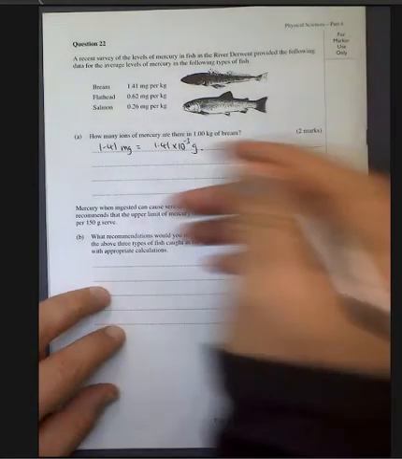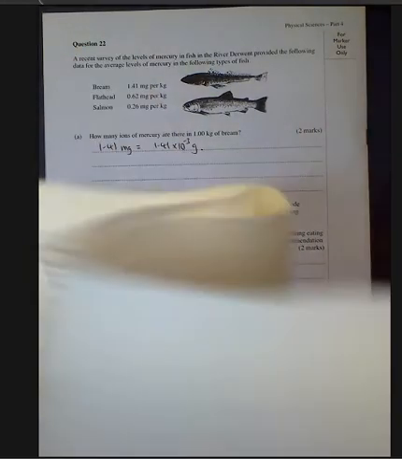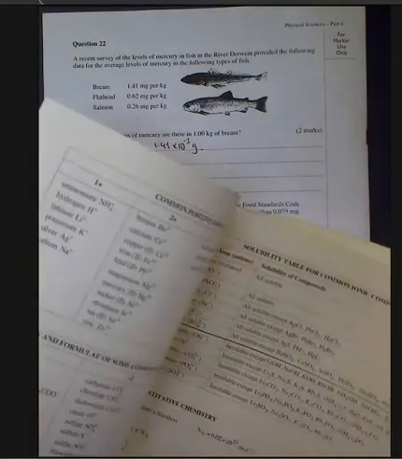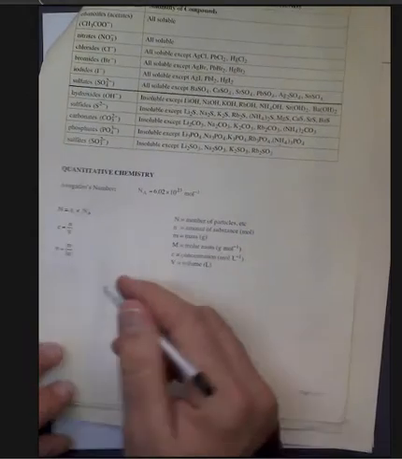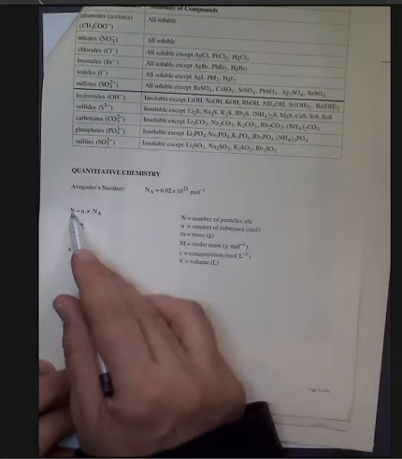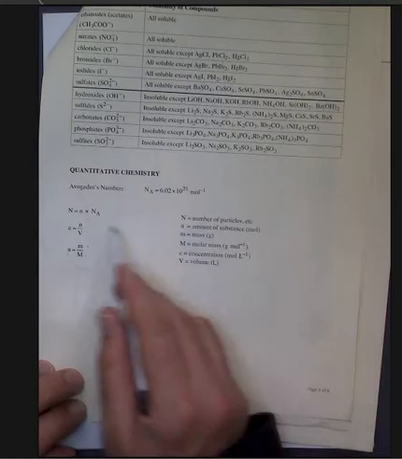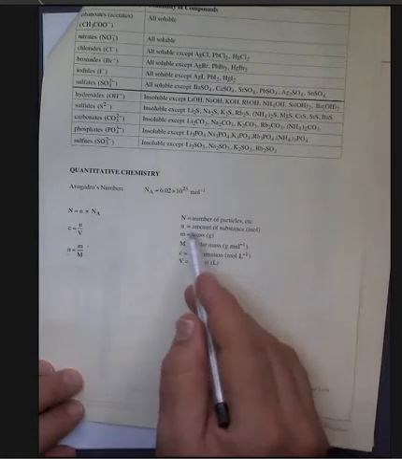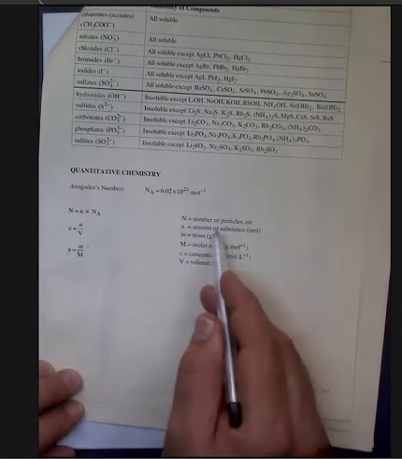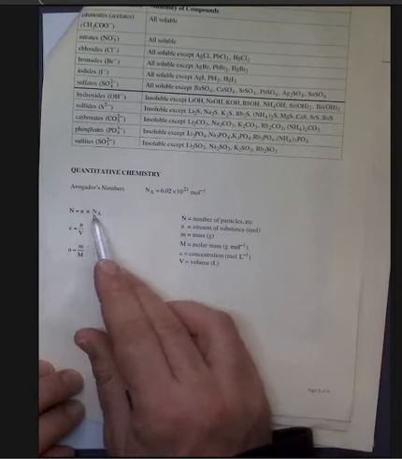Now, also, we have here the number of particles equals the amount of substance in moles, and we have Avogadro's number up here.